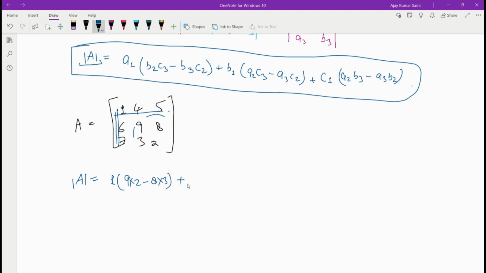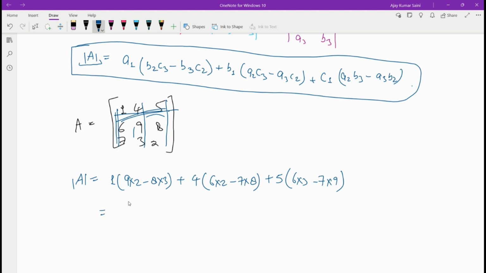After that plus 4 into 6 into 2 minus 7 into 8. After that plus 5 into 6 into 3 minus 7 into 9. I take all these values from this matrix.